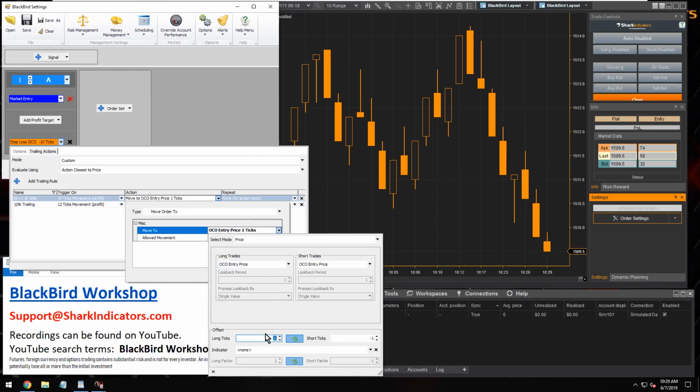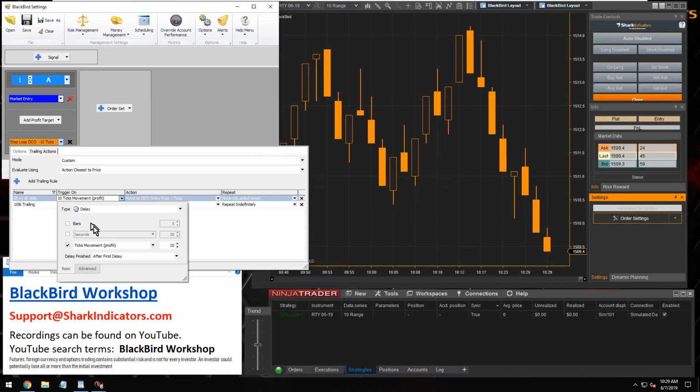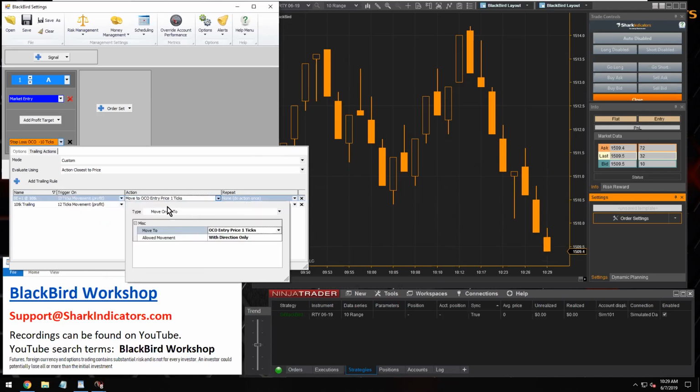You take the entry price and add a positive 1 tick offset. That's how we get our break even plus 1, but after 10 ticks of profit has been achieved. The trigger looks for that 10 ticks of profit, and then the action can move the stop loss order to that break even plus 1.